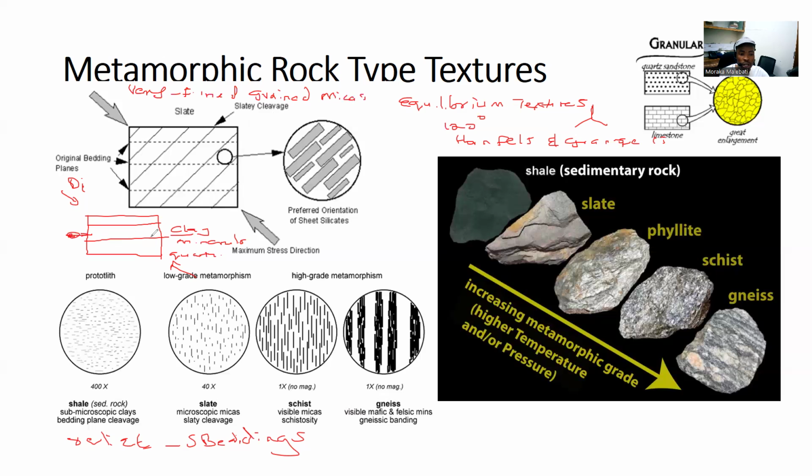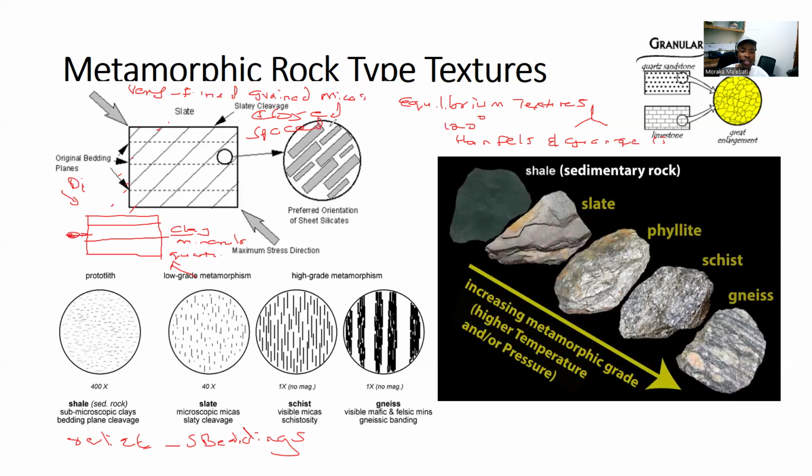As this compression is happening, you are converting the clay minerals into very fine-grained micas, and not only that, but they are closely spaced.